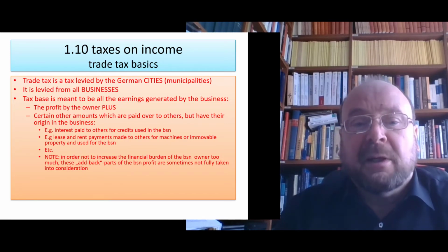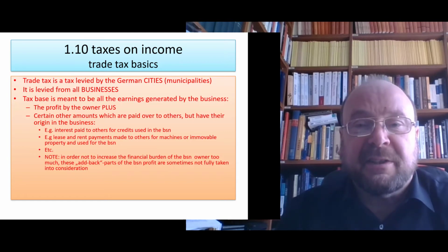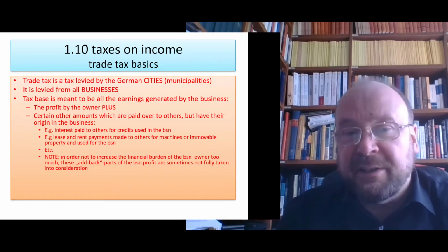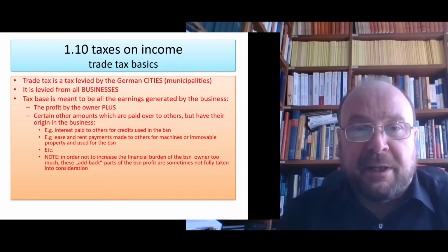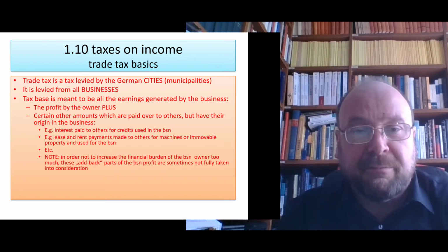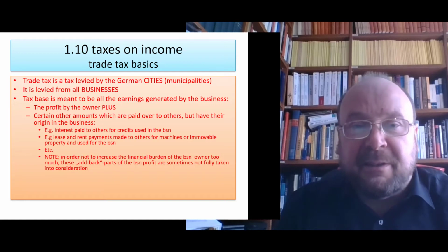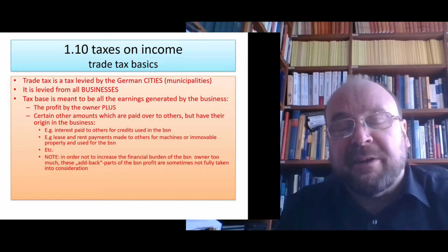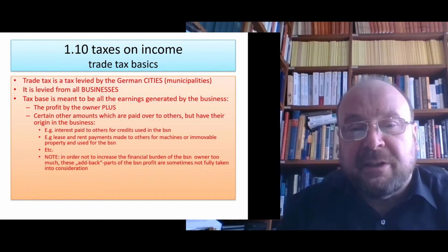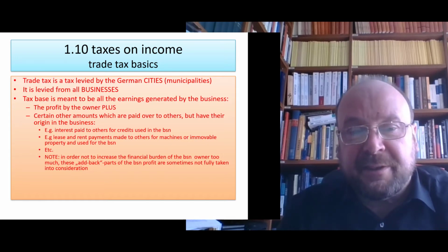So the profit of the owner is naturally a part of the earnings generated by the business, but also interest paid by the business to banks or to persons who gave a loan. The interest income then was also generated by the business. So it will be covered, at least in part, by the trade tax too.